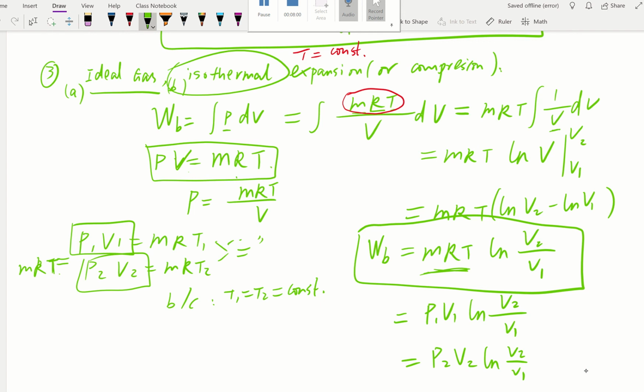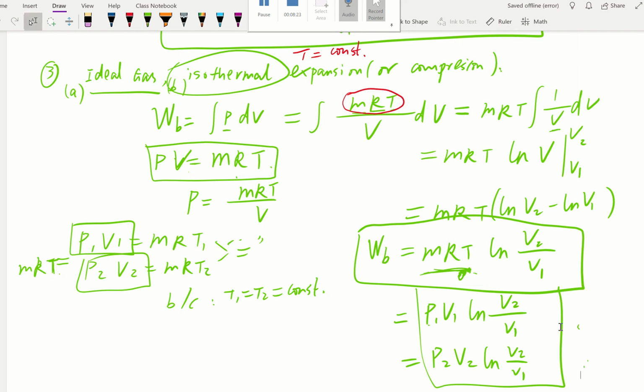All of those work. So those are three expressions, and they are interchangeable. When do we use which? Just be smart about it. If the problem gives us the temperature, use the first expression, mRT. If they give us pressure, use the latter expressions.